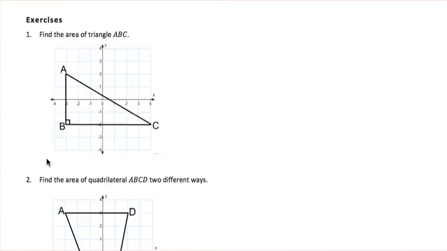So now we'll do a little practice. In exercise 1, we're asked to find the area of triangle ABC. The formula for the area of a triangle is 1/2 times base times height.